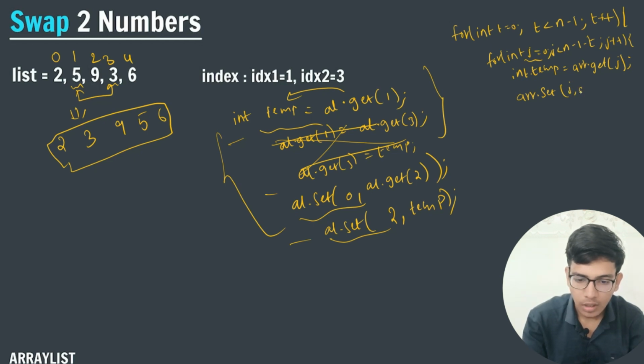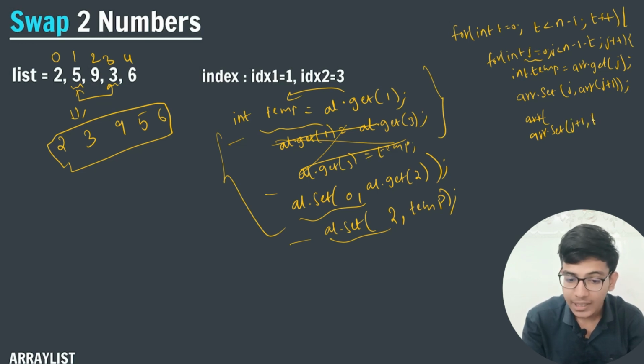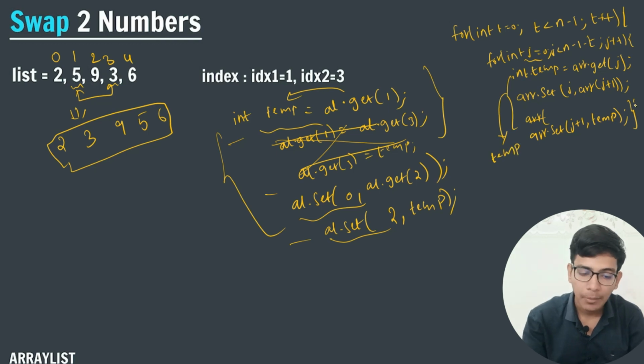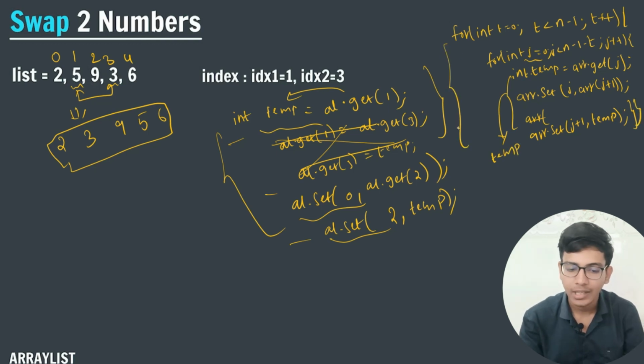We used to set arr of j plus 1. After that, arr dot set at position j plus 1, what we used to set? We used to set the temporary variable. So this is how swapping will take place when it comes to array list, and this is how we will apply bubble sort in the given array list.